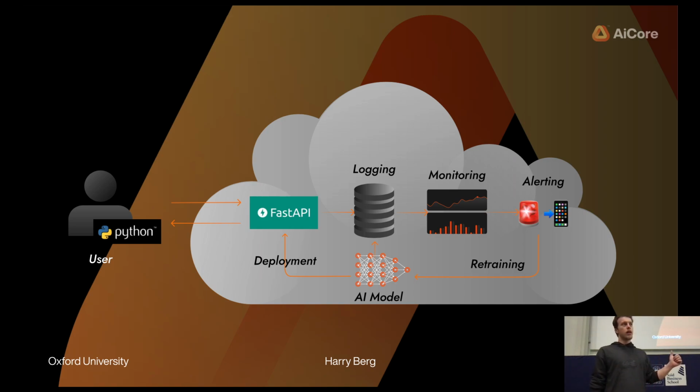You've got logging of how it's being used, logging of model inputs and outputs, and then monitoring the changes in those things to make sure that you're not, as I keep saying, going out of bounds of what you can perform in. And then the alerting is specific to the ML model. And then the retraining, so it brings in that machine learning understanding aspect, and then deployment. So those are just some of the pieces which are a little bit different.